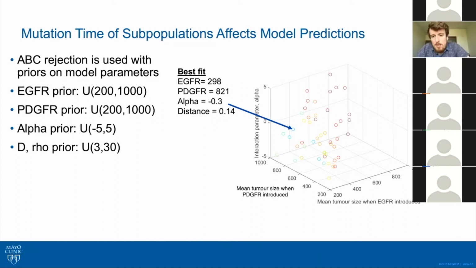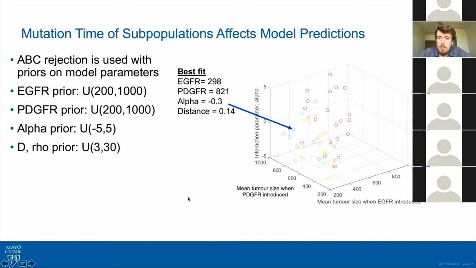If we look at this figure on the right here, we see that our best fit was for an example where EGFR was introduced earlier than PDGFR, which again makes sense with the data because we do see a lot more regions where EGFR only exists in our biopsies. And our best alpha suggested, again, a slight shift towards competition.